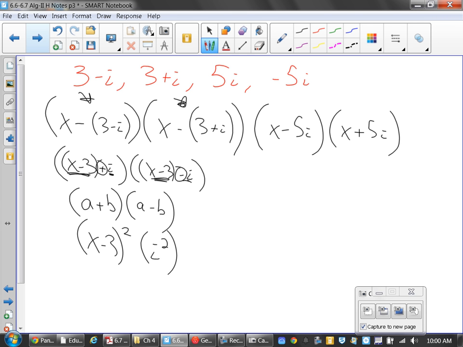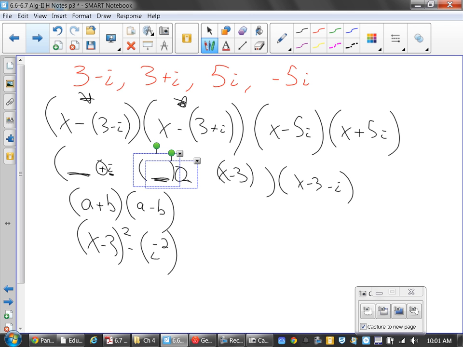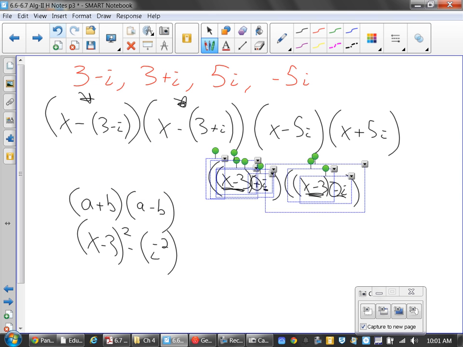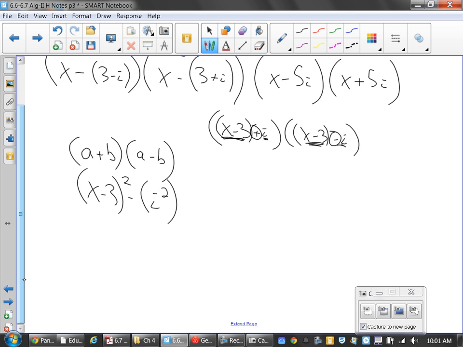Think about what you're doing. Think about the way it looks. When you worked your stuff through, if you FOILed this out, you get that, right?